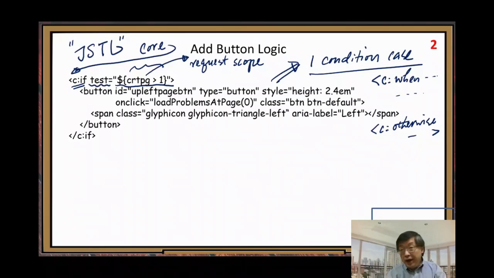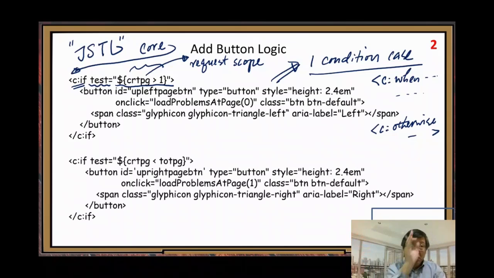Similarly, for the next button version, similar logic. We just change the condition slightly. The current page number is less than the total page numbers, the total number of pages. That information we also store in our servlet in the request scope.